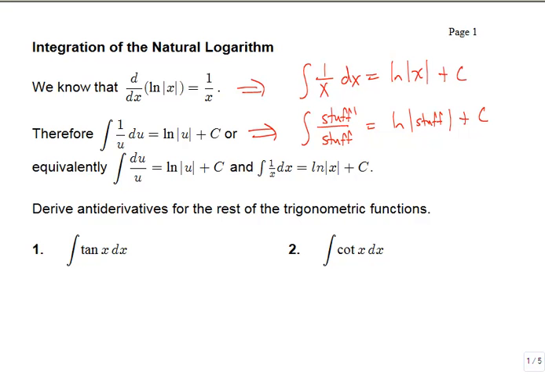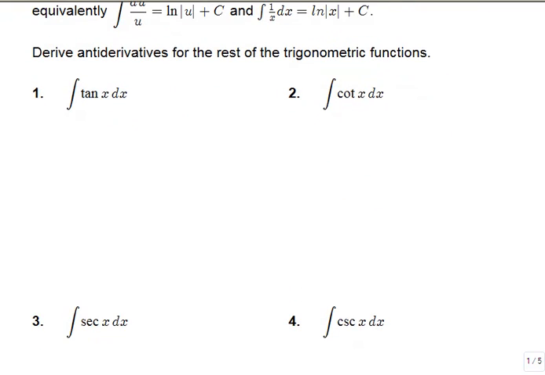But what we haven't mentioned in that list is the integral of just a tangent, just a cotangent, just secant, or just cosecant. And that's because those end up using an ln. So let's derive what these antiderivatives are going to be, and you're going to want to memorize the results of what we come up with here.